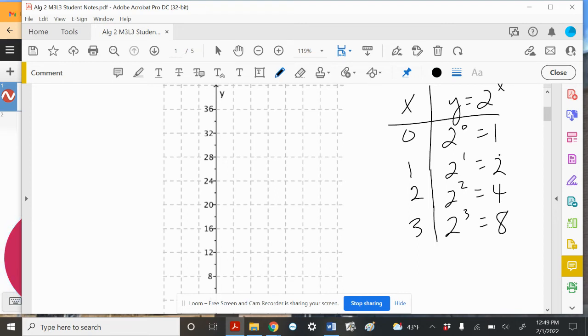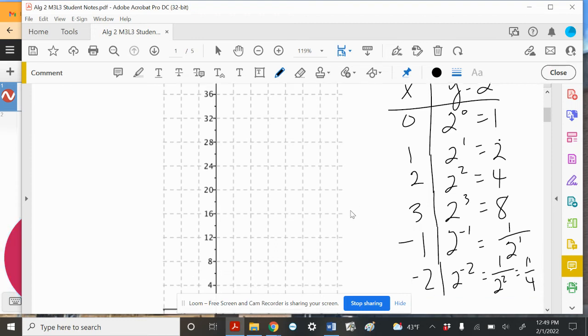It's multiplying by 2 every single time we go up. But if we go negative, 2 to the -1, if you recall, is 1/2 to the first power, which is really 1/2. At -2, we have 2 to the -2, which is 1/2 squared, which is really 1/4. And if you remember on the graph, that was 0.25. So it's giving me the right information there.